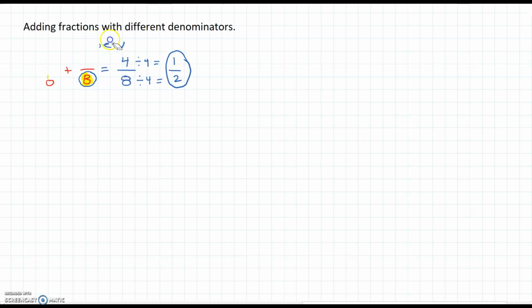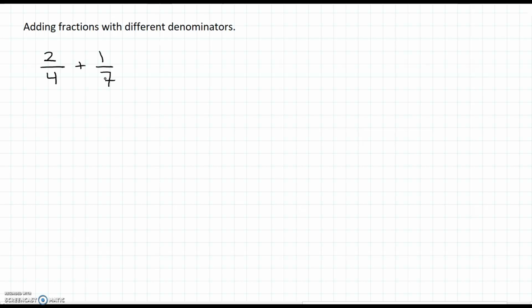Today what we're going to do, we're going to talk about adding fractions with different denominators. Okay? Like such.